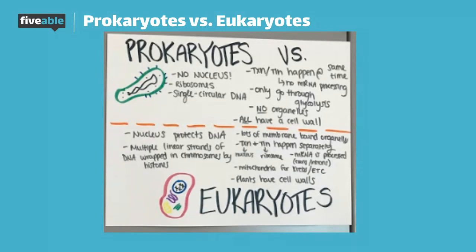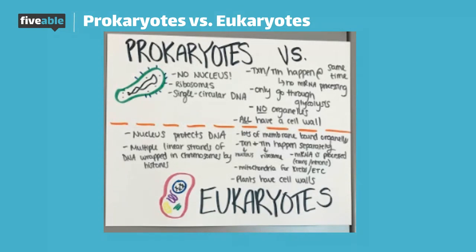Other things to note, they have no organelles whatsoever. Those two about glycolysis and transcription and translation we'll cover when we get to those topics, so don't worry too much about that. And they all have a cell wall, okay? All bacteria have a cell wall. Sometimes people forget about that. They're also usually mobile, and they're all single cellular.